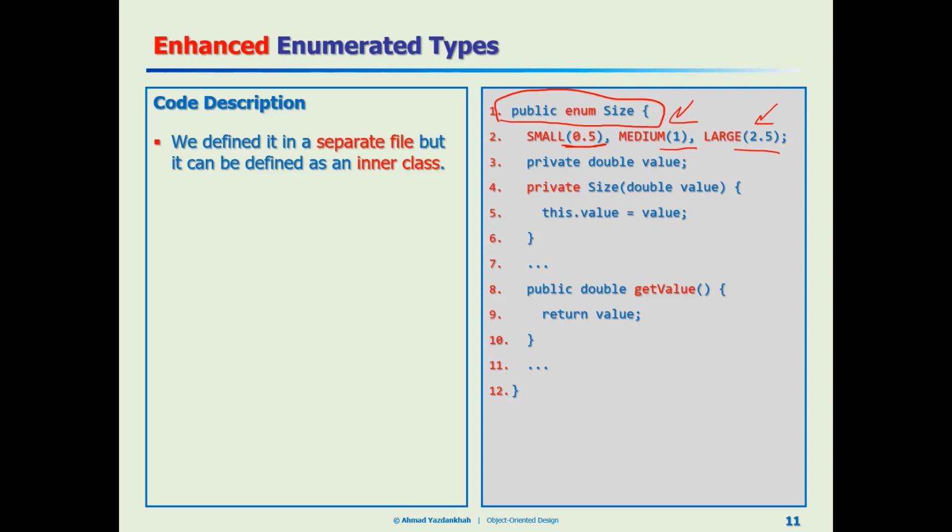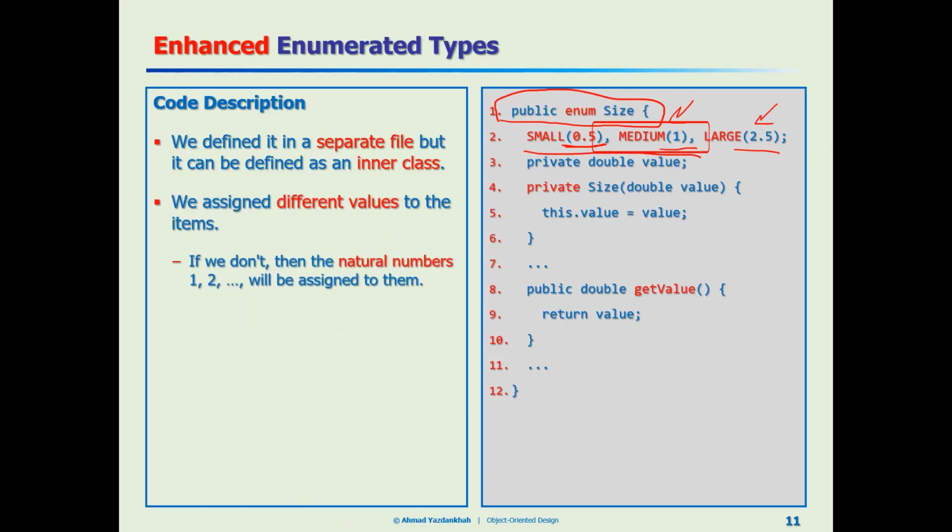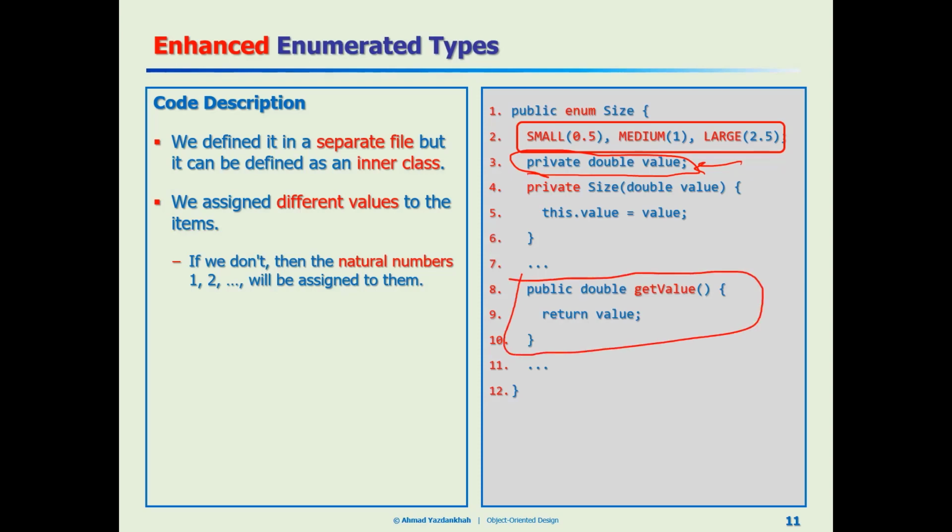So in this way, we have the flexibility to change the integer numbers that are assigned to these values by ourselves, right? By default, Java assigns the natural numbers, but we can change this behavior. Another thing that you can see here is I added this guy, which is an instance field, right? Yeah, we can do that. And I added a method here, right? Get value.